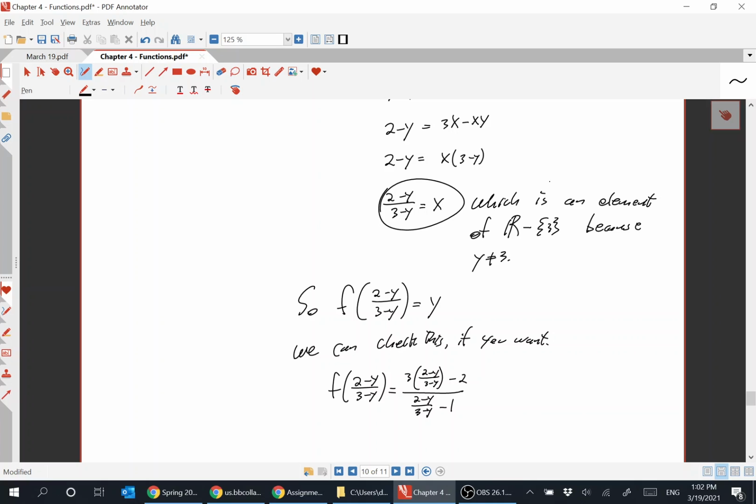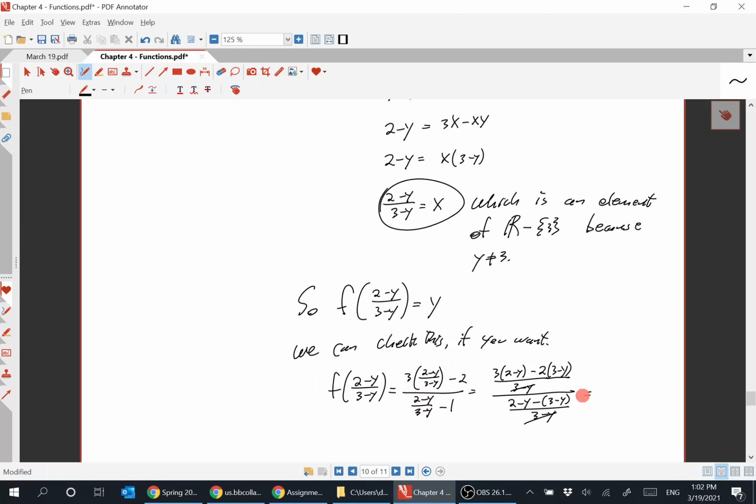So now you actually have to do this calculation. So this is 3 times 2 minus y over 3 minus y times 2 times 3 minus y over 2 minus y minus 3 minus y over 3 minus y.